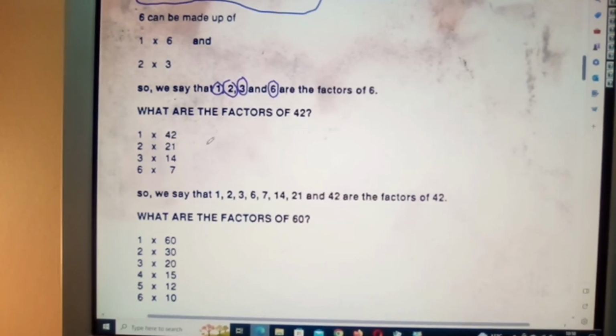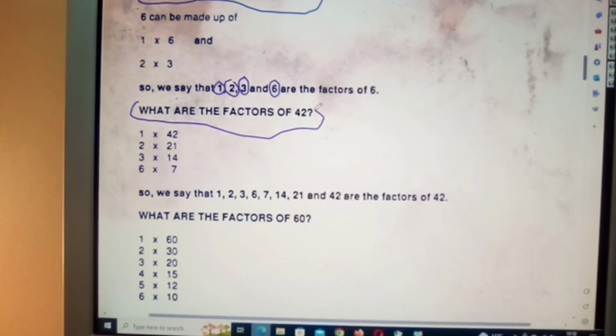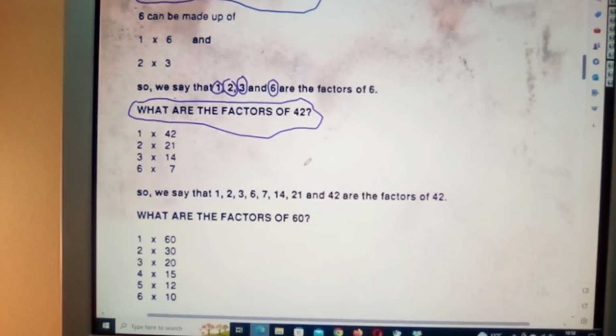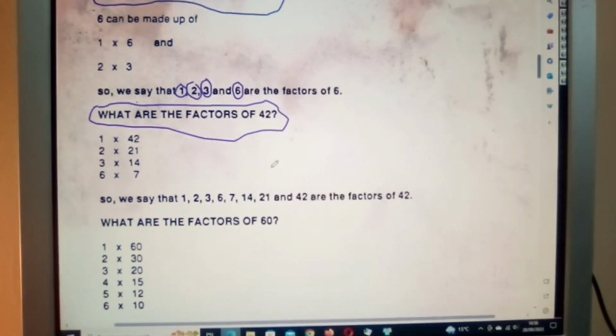Now here we have factors. What are the factors of 42? The thing that comes to my mind immediately is 7 6s. So we can have 7.